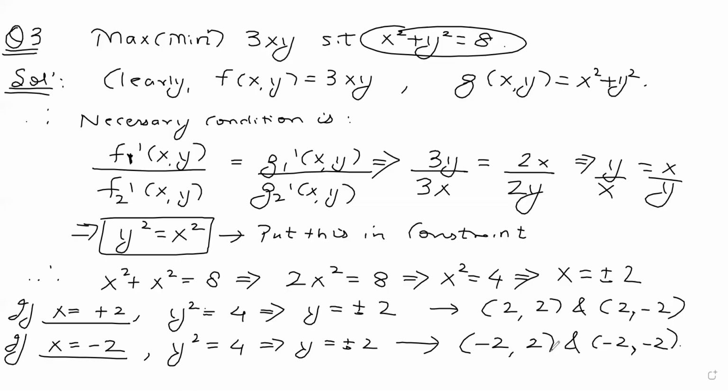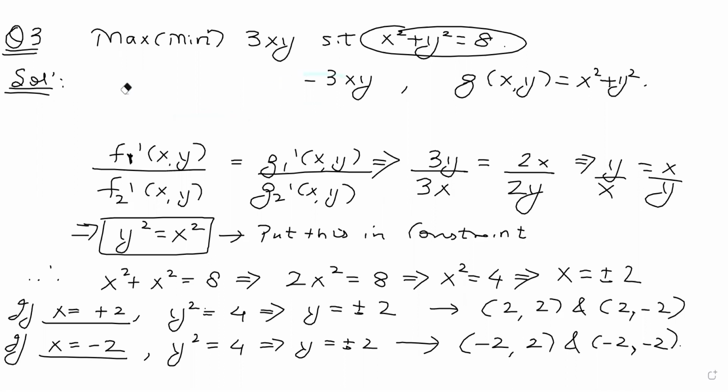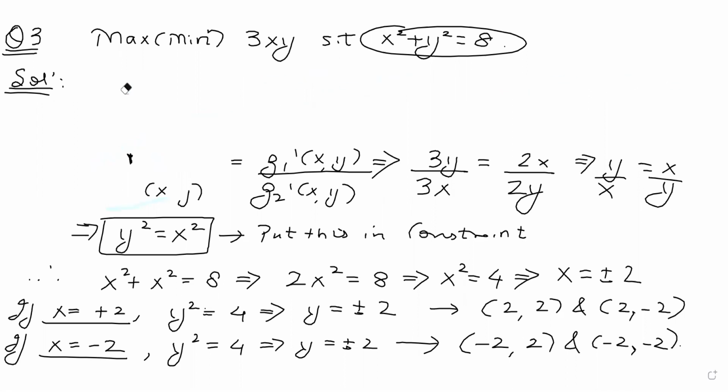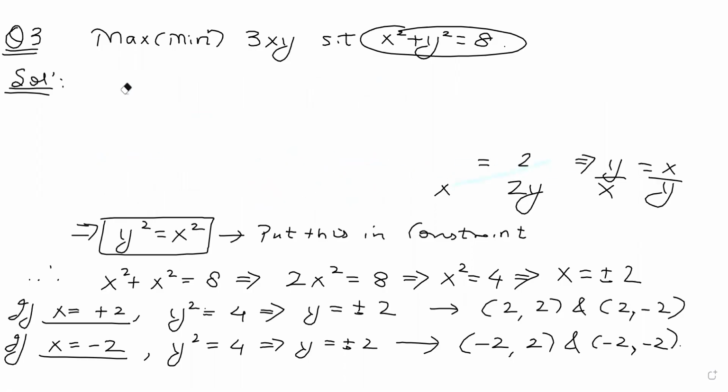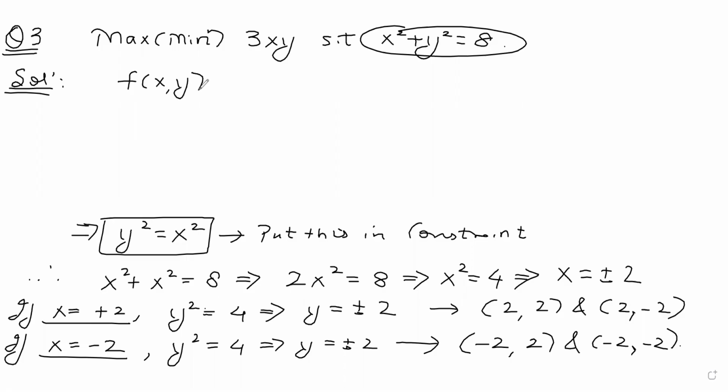We need to just plug them in the function. So I can erase the initial part. All I have to do is to plug in these values in the function. So our function is f of xy.